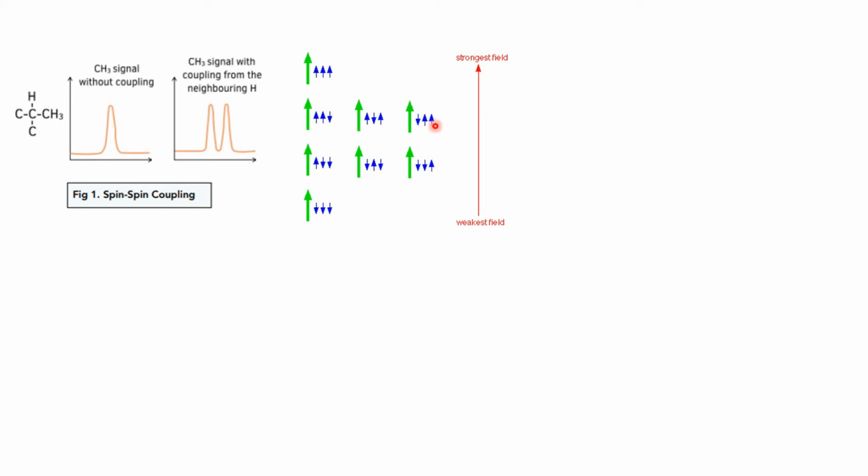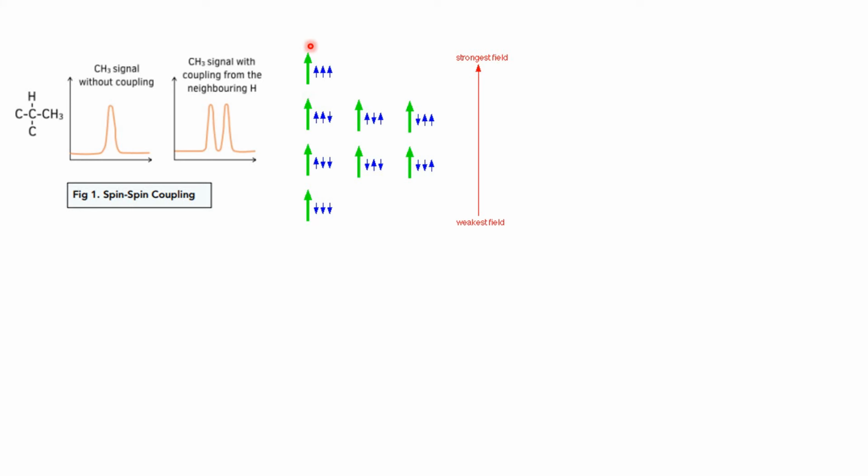Now, this is another combination where the magnetic moments of two primary protons are aligned with the applied magnetic field and one is opposite. So there are three combinations for this, and the tertiary proton experiencing little higher magnetic field compared to this and this will absorb at little lower magnetic field or downfield.